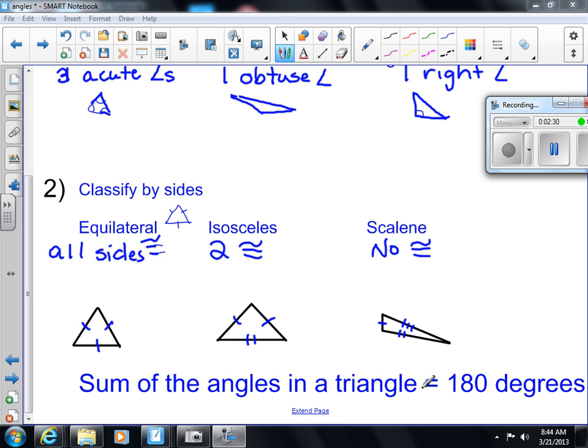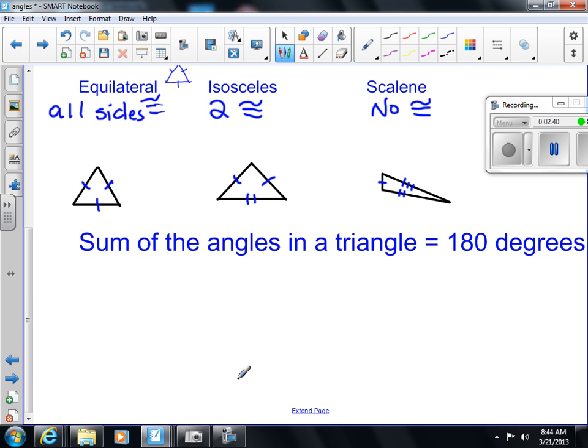And the last thing you need to know is that the sum of the angles in a triangle is 180 degrees. I can prove this to you by taking any triangle and ripping the corners off, what I call the vertices, and putting them side to side.